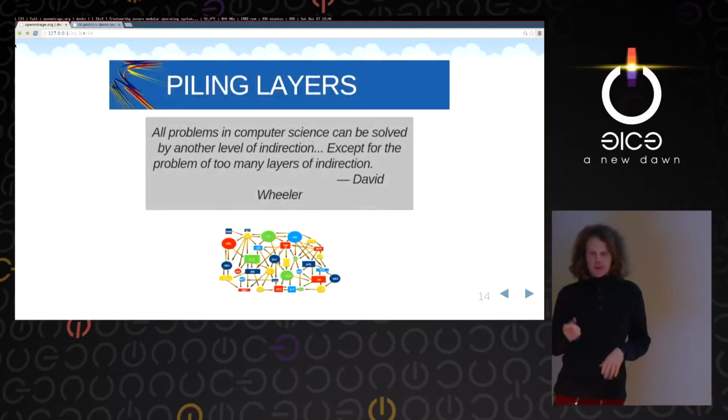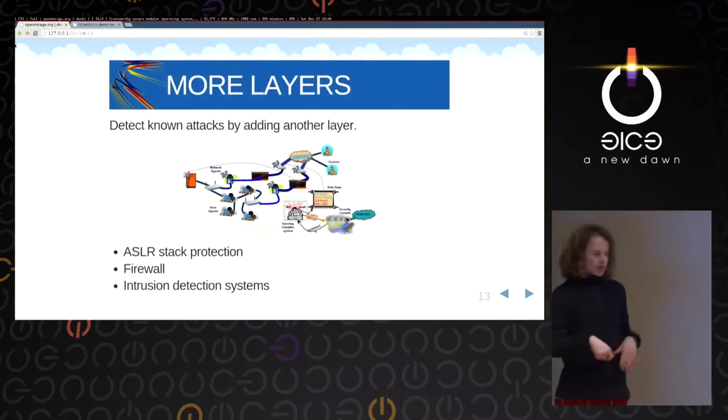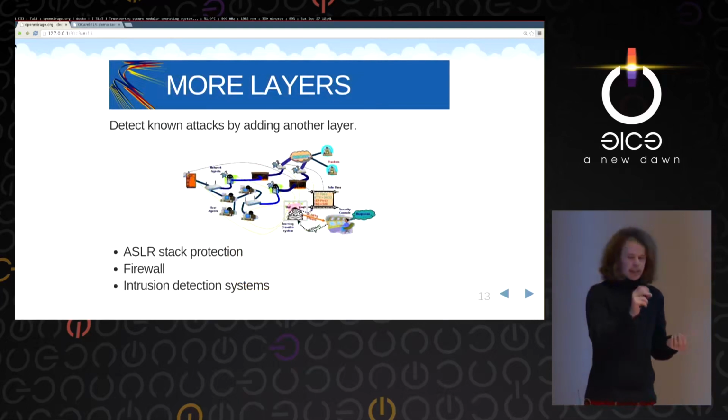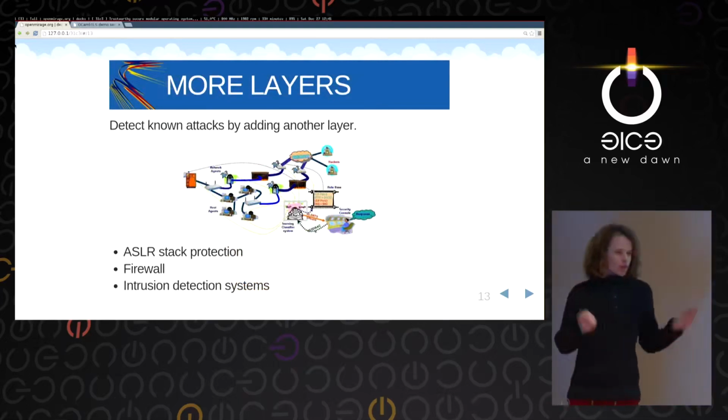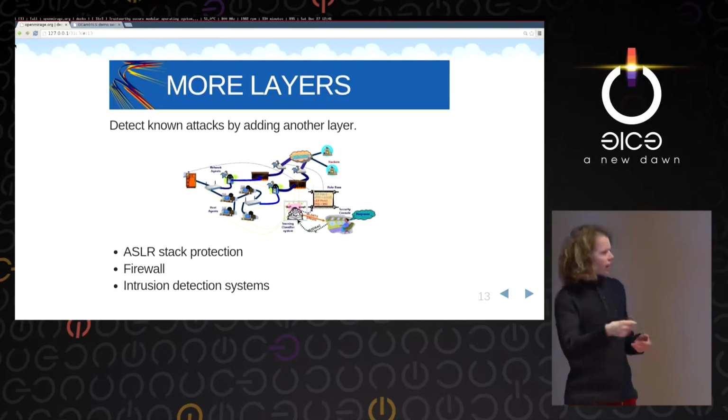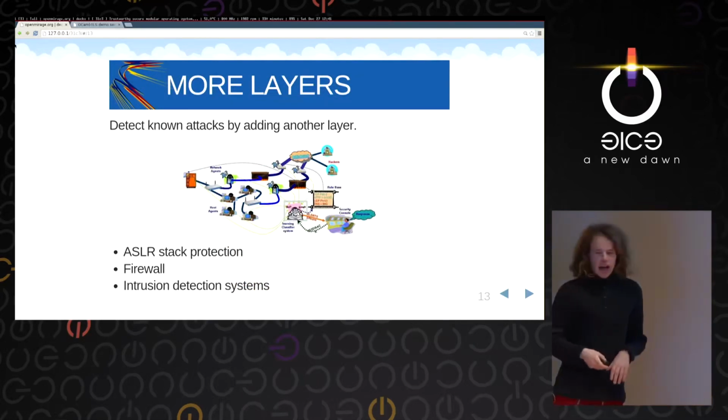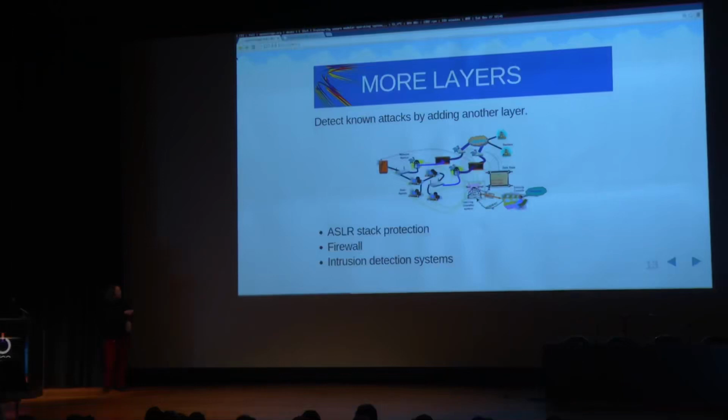So that's the other approach, which is to just stack on layers and layers and layers, because each problem in computer science can be solved by adding another layer. And the problem is your setup gets really, really complicated, gets complex. And such layers are, for example, stack protection or firewalls or intrusion detection systems.